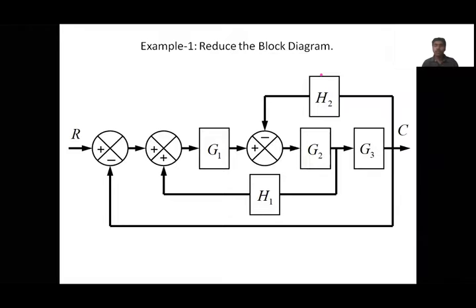Here, if you look at the H2 block and this summing point, if we move it before G1, then G1 and G2 will become cascade. To make this cascade connection, we shift this summing point from after G1 to before G1.